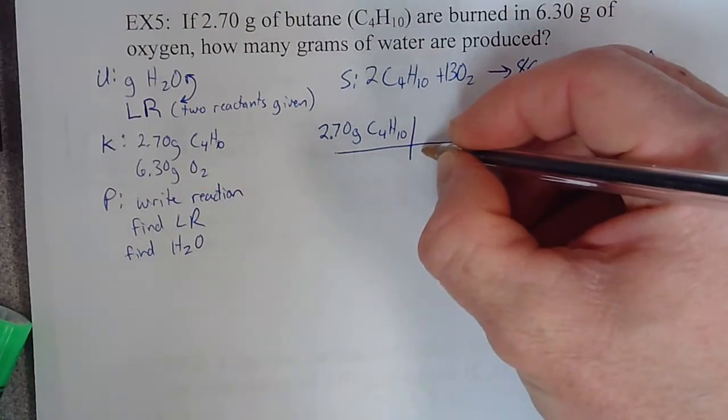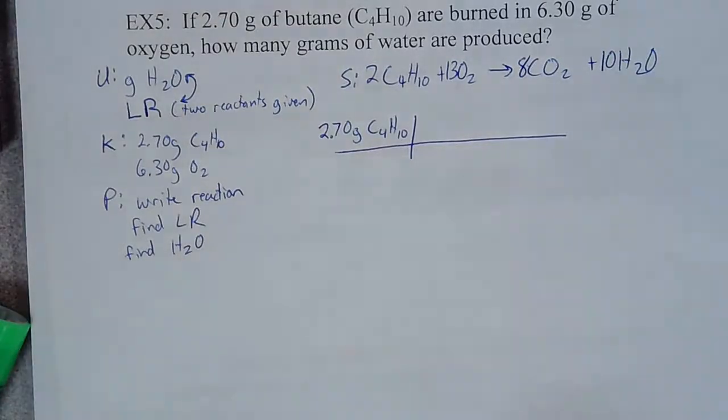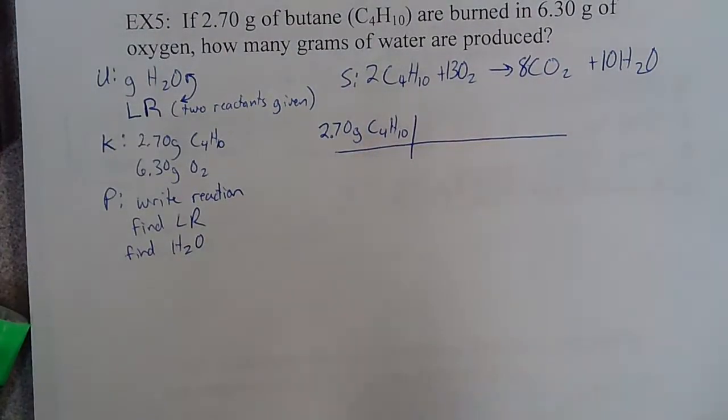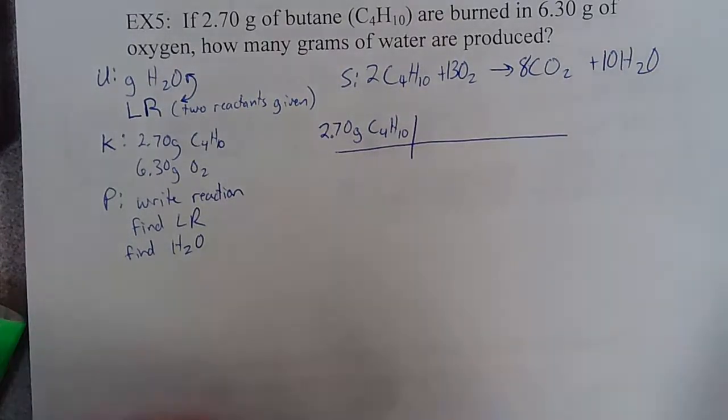Let's see, molar mass of butane, 12. Wow, that one is dead. Let's try again. All right, 12 times 4 plus 10. All right, 58.